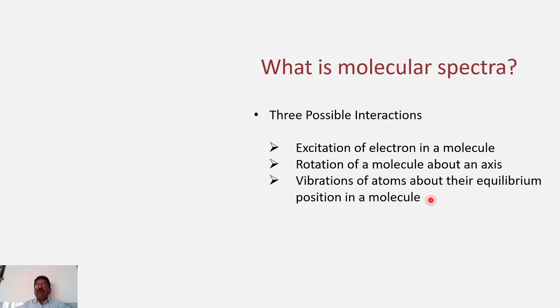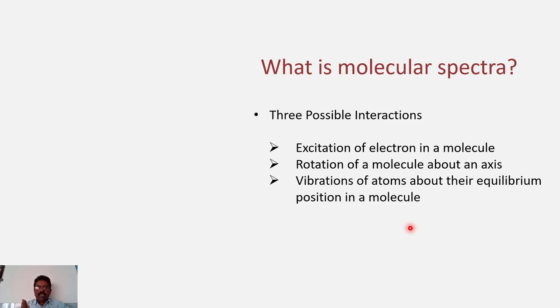And the third one is vibrations of atoms about their equilibrium position in a molecule. In a molecule, the constituent atoms are bound together because of certain forces. You can say the bonds. In chemistry, we use the term bonds: covalent bond, metallic bond, ionic bond, and so on. So you can consider a bond axis, and you have any axis of symmetry.